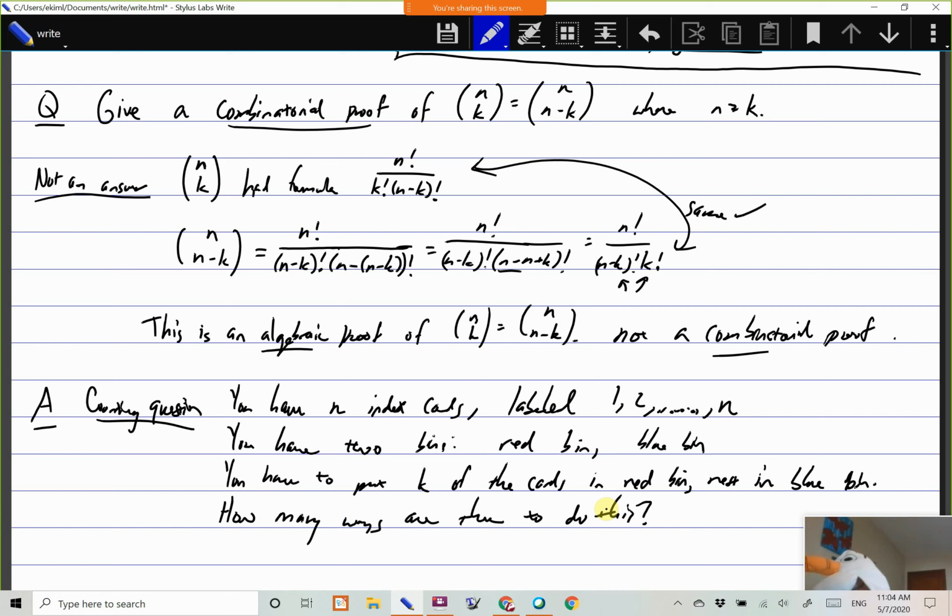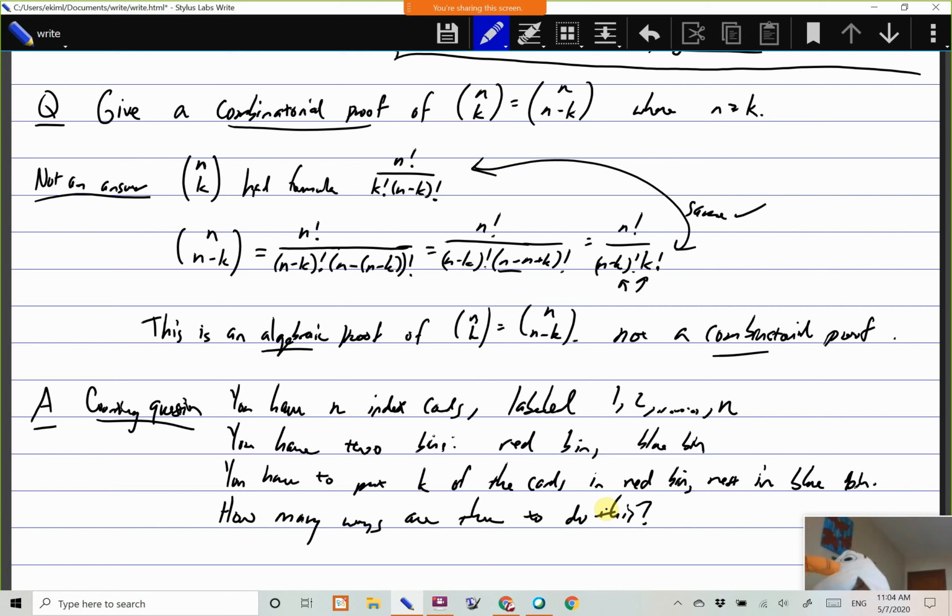So you'll have n factorial over n minus k quantity factorial times n minus, and then there's a k for which we need to plug in n minus k, so n minus k close parentheses, factorial. This is n factorial over n minus k quantity factorial. If you distribute that minus, n minus n plus k quantity factorial, equals n factorial over n minus k factorial.